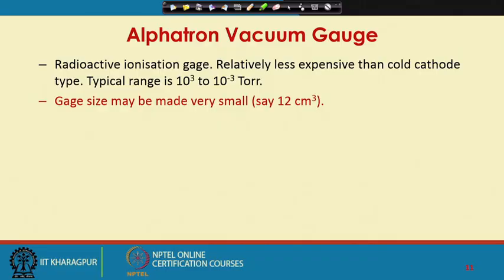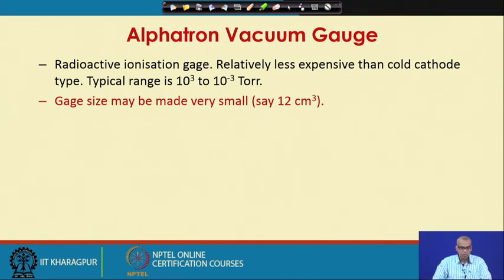What we do is we make use of radioactive material to generate alpha particles which will ionize the gas molecules. The typical range of Alphatron is 10 to the power 3 to 10 to the power minus 3 torr. The gauge size may be made very, very small. It may be as small as 12 centimeter cube, 12 cc.